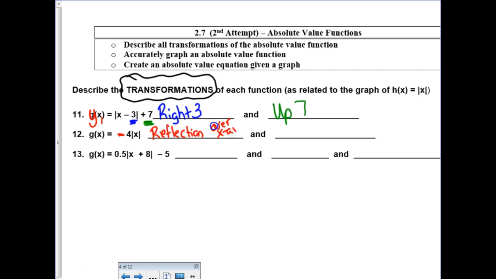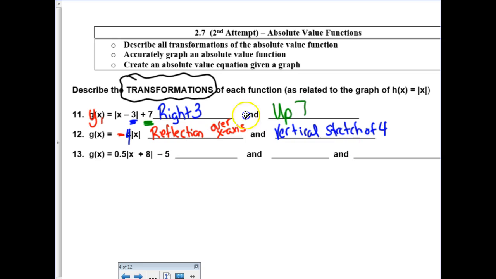Sorry for the space issue. And then they put a 4 in front of the function. So that is a different transformation. That is called a vertical stretch of 4. It will make the slope of the branch change, but the actual transformation is called a vertical stretch.